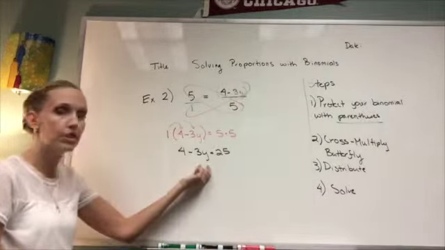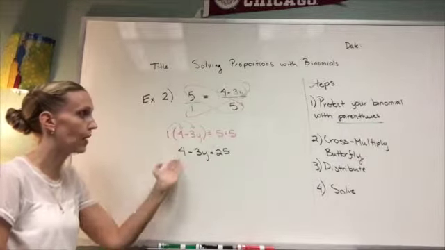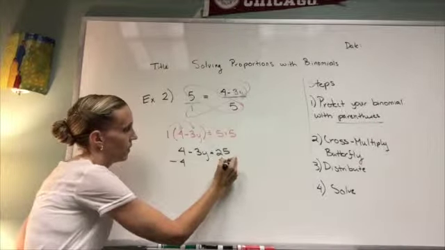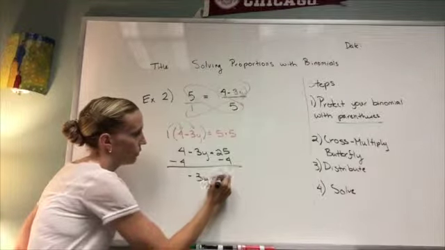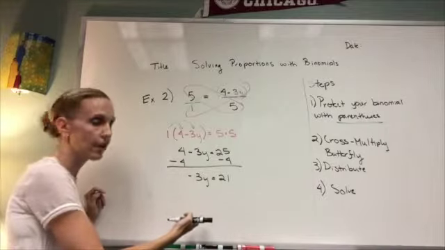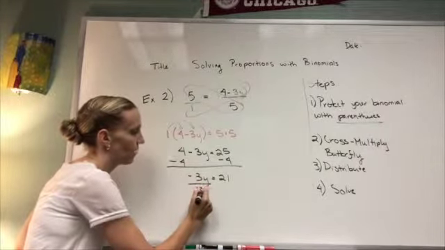All my variables are together on the left, so I'm going to subtract the 4 to get it on the opposite side. So I get negative 3y equals 21. Now what's bothering the y? The negative 3. And it's multiplication that's occurring, so I'm going to divide by negative 3.